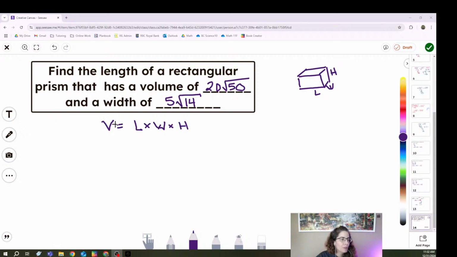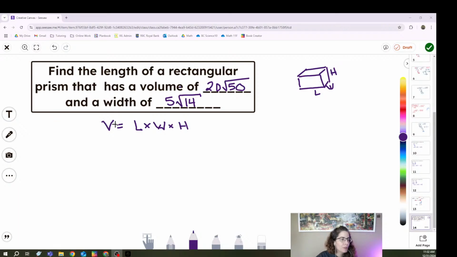How am I going to solve this for our length? Close, not deduct them, but let's start there.